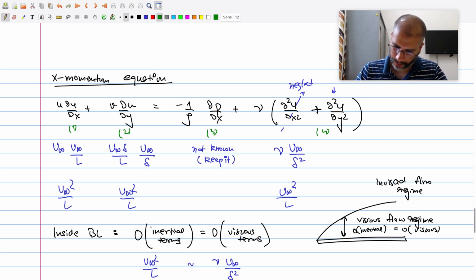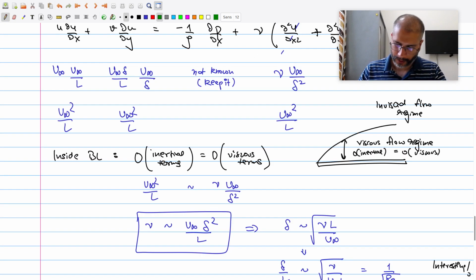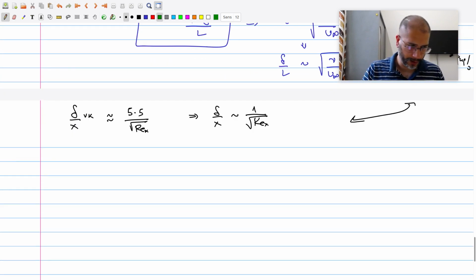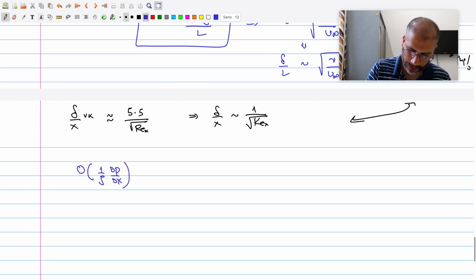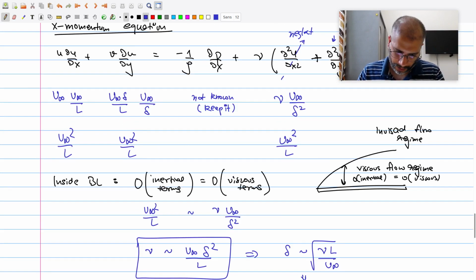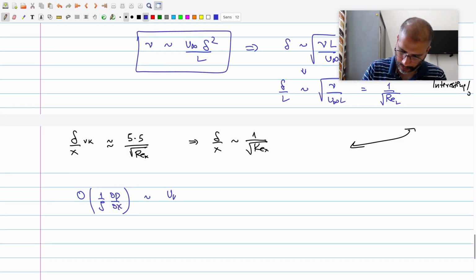So this tells us that the order of 1 by rho del P by del X is the order of the other terms, u infinity square by L. So this is the order of del P by del X as well.